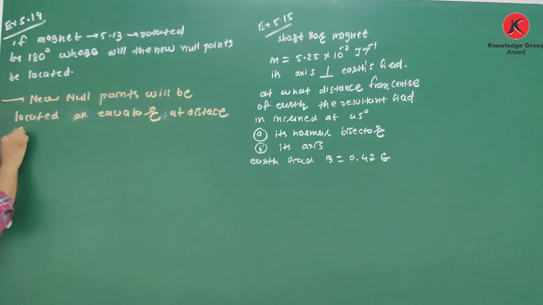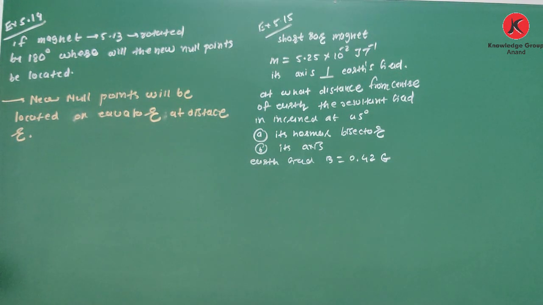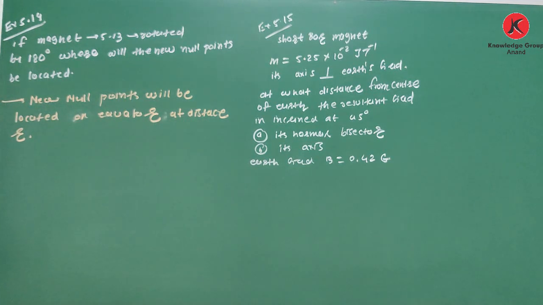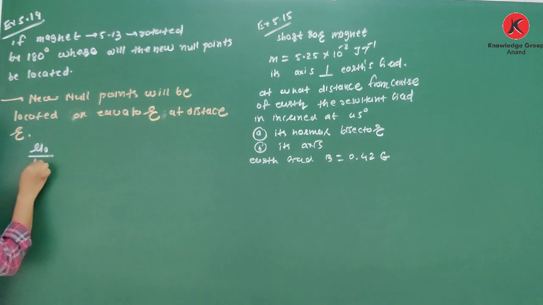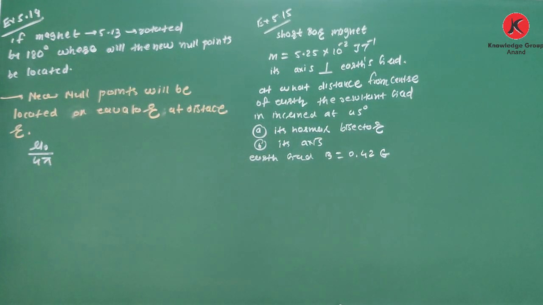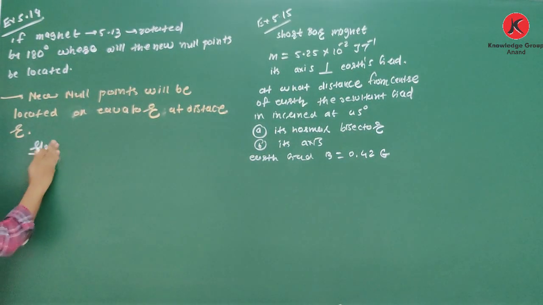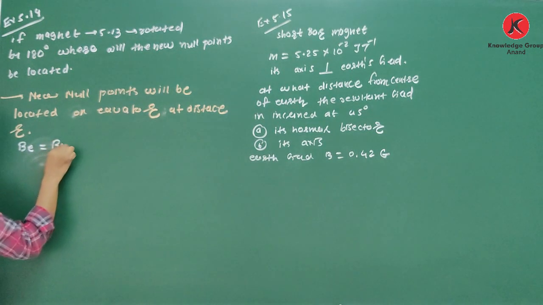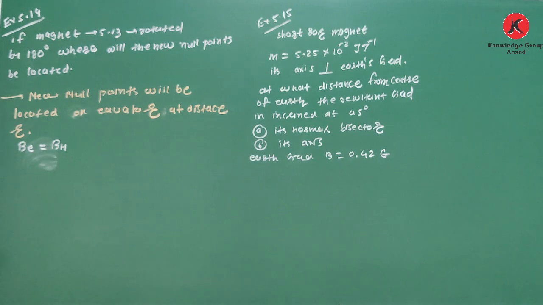So I have assumed that they are obtained at distance r. Now we know that when null points are obtained on the equator at distance r, what is the condition? Yes, we have proved that BE is equal to BH.